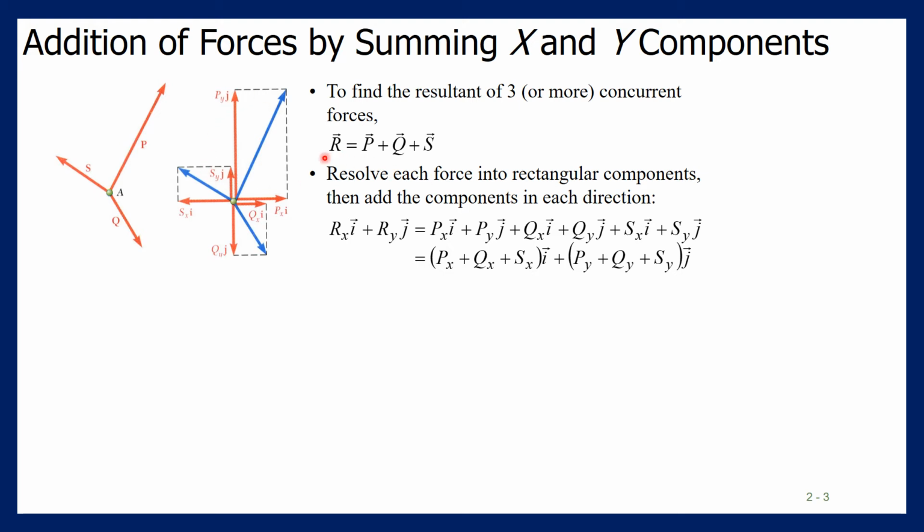For adding these three forces, you need to break the forces into the components and add the components in the same direction. So the resultant will be Rx i plus Ry j, while on the RHS you can have, say, this is the force P. You need to break this into Px and Py. So Px i plus Py j.